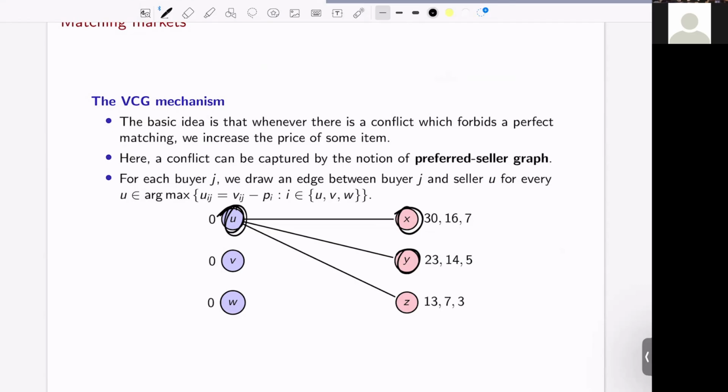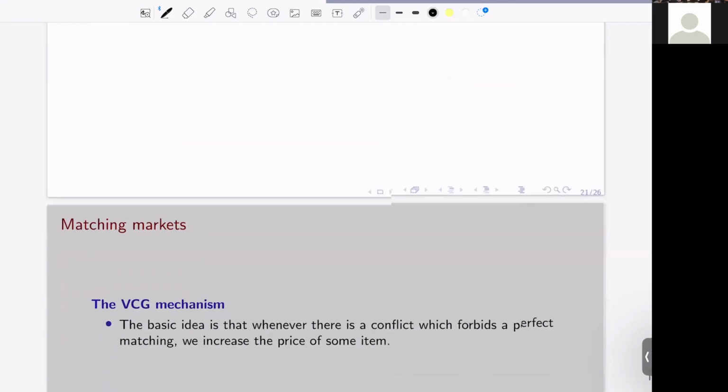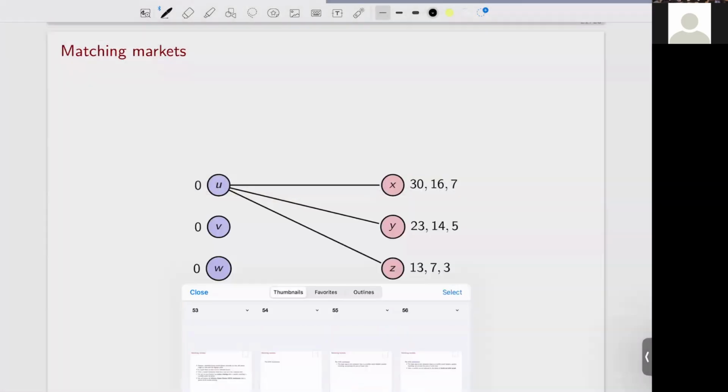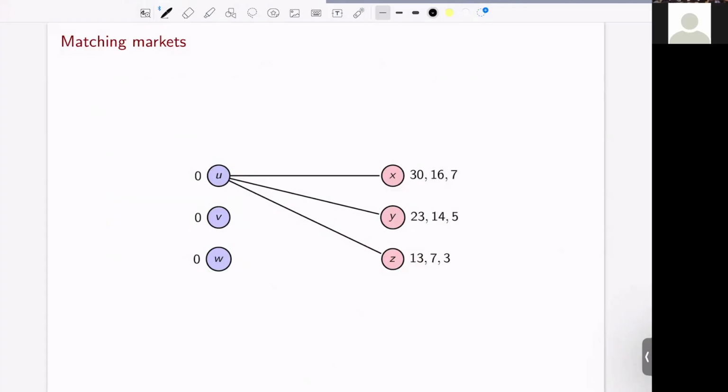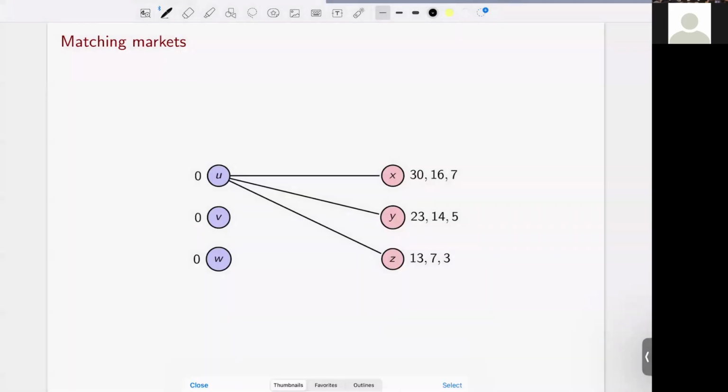So what I do is I increase the price of this item, which is in the conflict, until I get a different preferred seller graph. What I do is increase the price of U by 6.